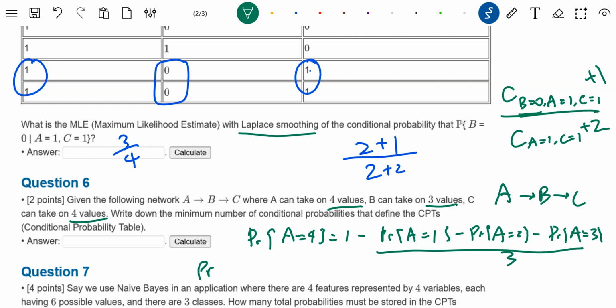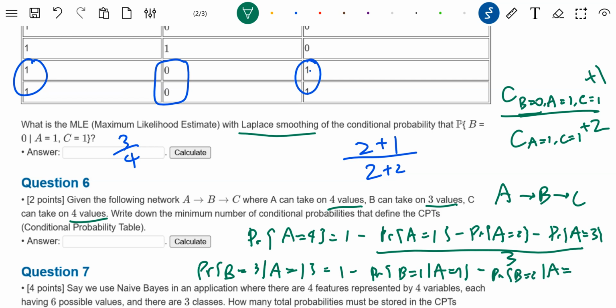I think the same thing happens with B. B depends on A. So the probability of B being 3 given A is 1 can be written as just 1 minus B is 1 given A is 1 minus B is 2 given A is 1.